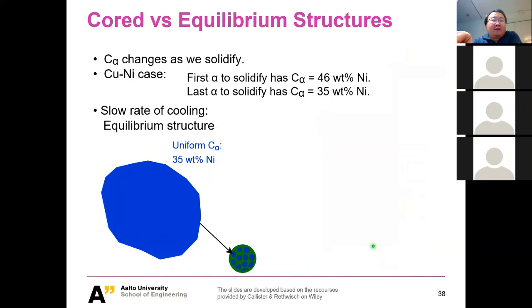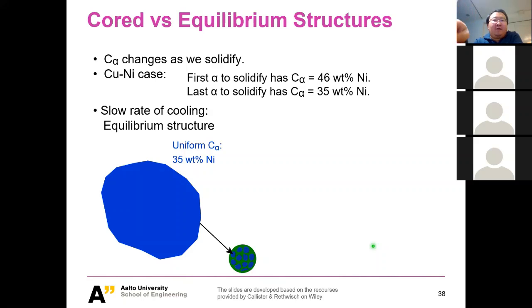And as I emphasized, what we're saying there is that we're always talking about equilibrium structure. You're doing it in a very, very slow way. But in reality, you don't always wait such a long time for diffusion to completely happen.